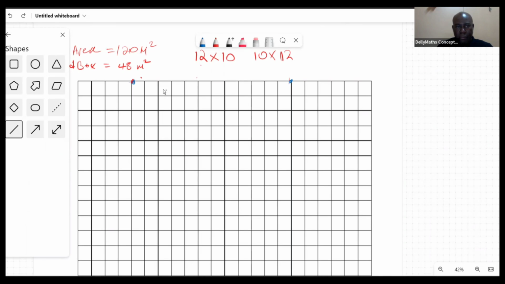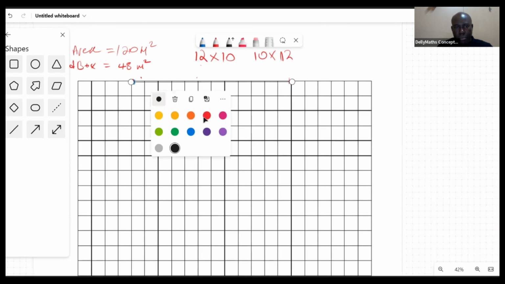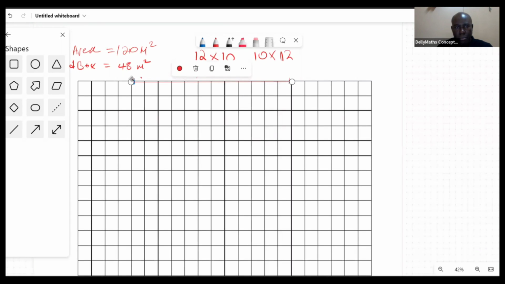This is the area. And I'm going to go down 10. 1, 2, 3, 4, 5, 6, 7, 8, 9, 10.